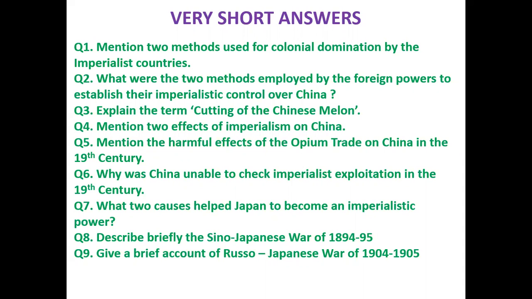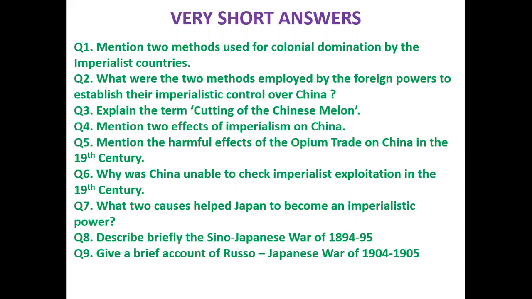So now we all are aware of the transformation in the modern world, and that it takes many different forms. And you all can show how the notions like modernization actually need to be critically analyzed. So let's begin. Mention two methods that were used for colonial domination by the imperialist countries.